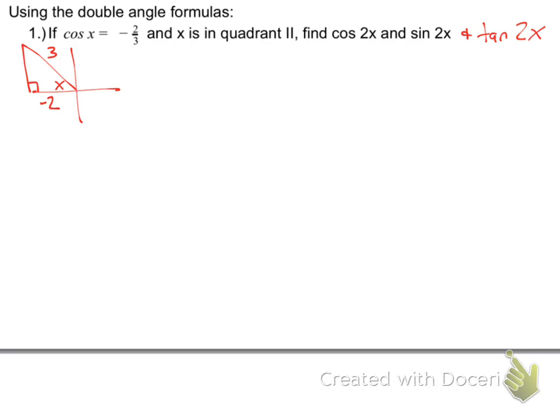The question is, can you guys finish off this triangle using one formula? What formula? Would it be cosine? No. Then it'd be sine? No. We have 2 sides. Pythagorean theorem allows us to solve for the third side of a right triangle.